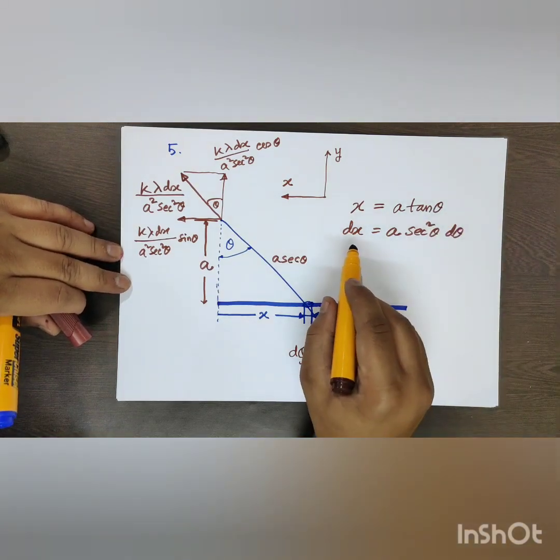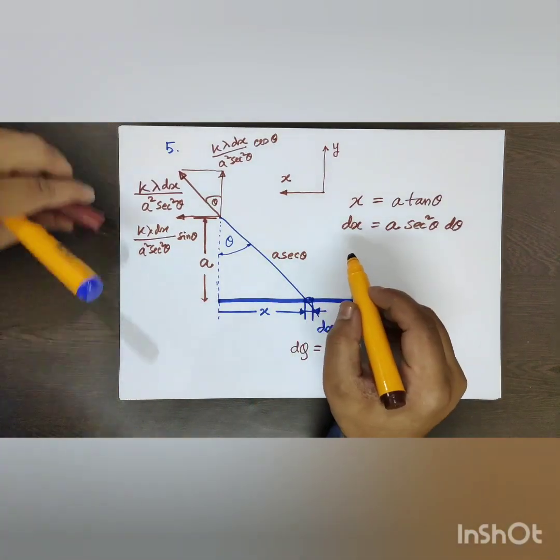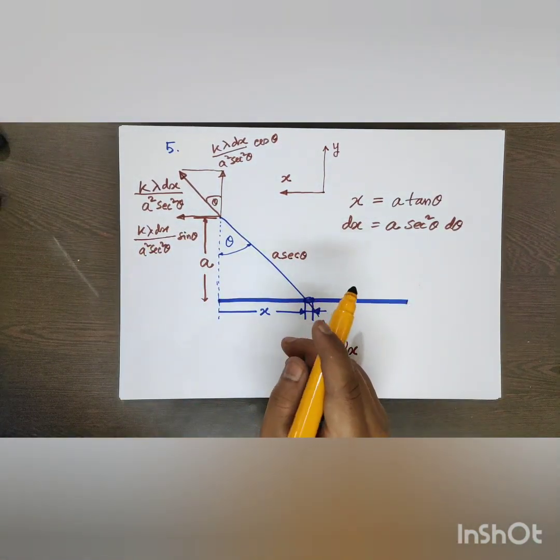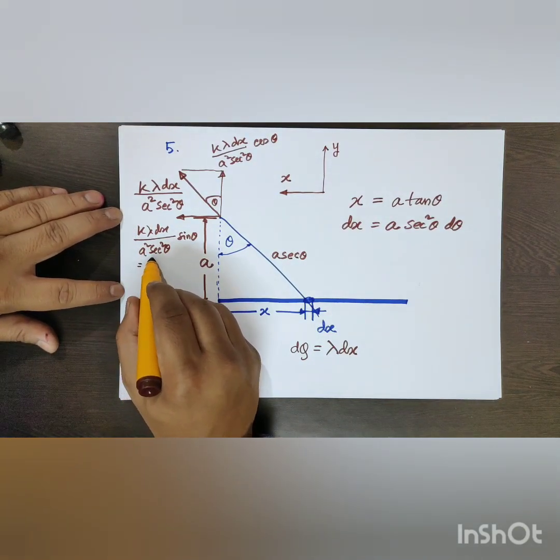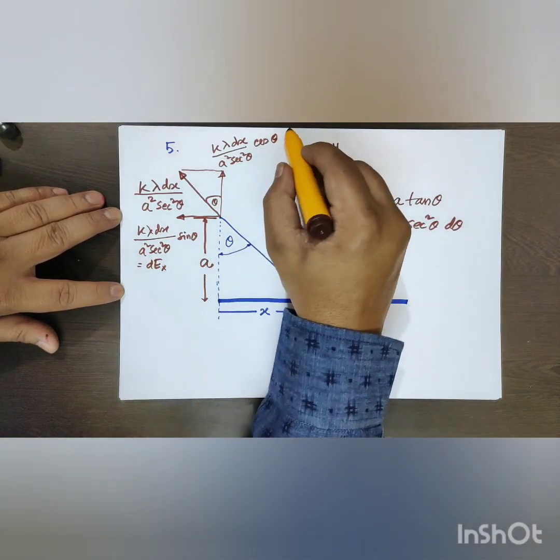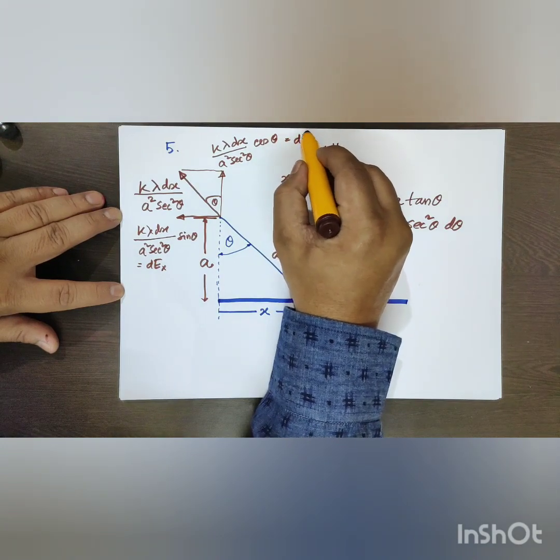So this gets simplified. So this is dEx, right, and this is dEy.